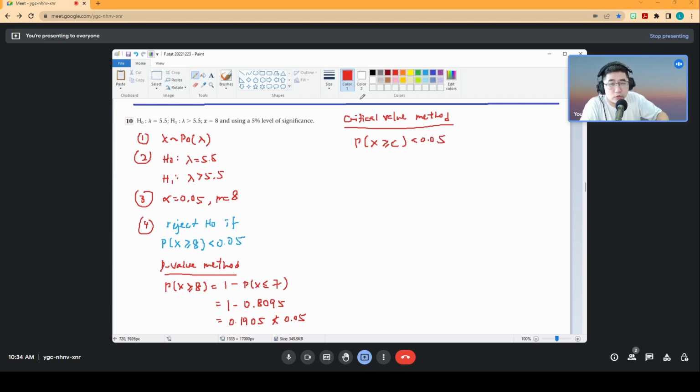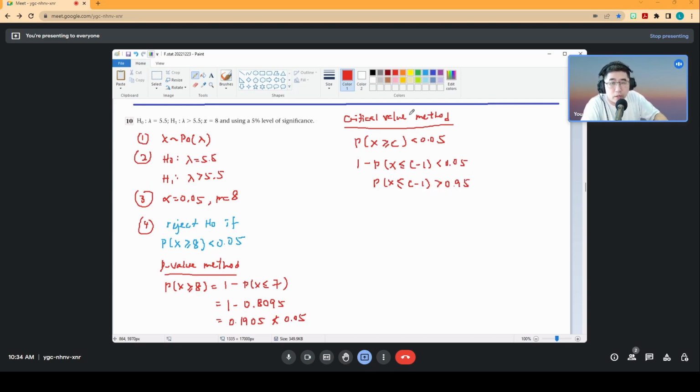Okay, this is my objective. So which is the same as I'm looking for 1 minus P of x lesser equals to C minus 1 lesser than 0.05, or P of x lesser equals to C minus 1 greater than 0.95. Okay, so this is what we're actually looking at.